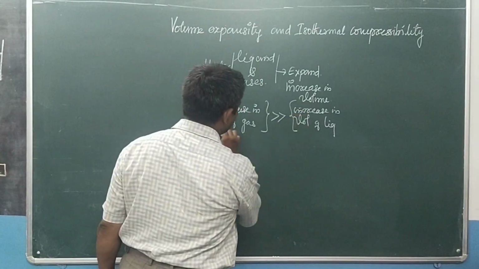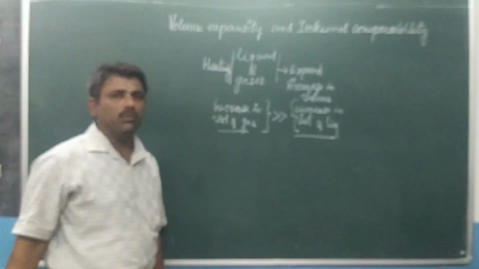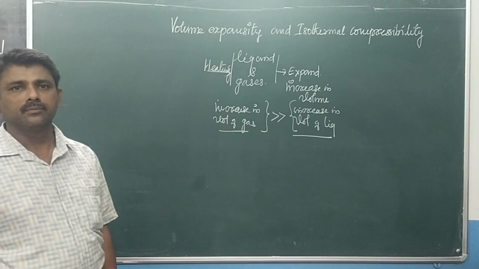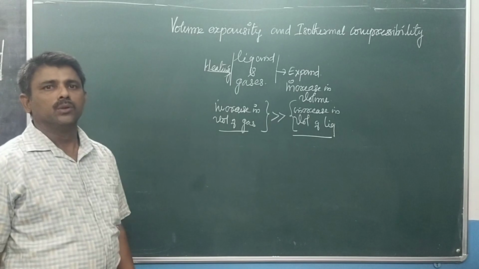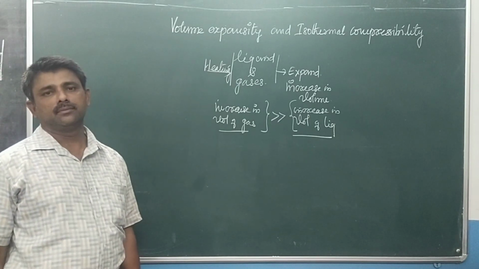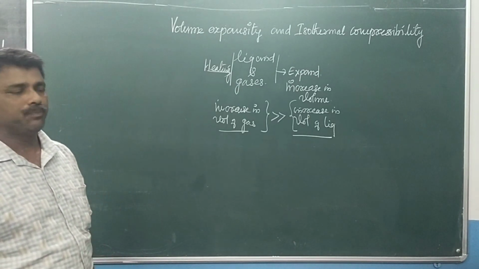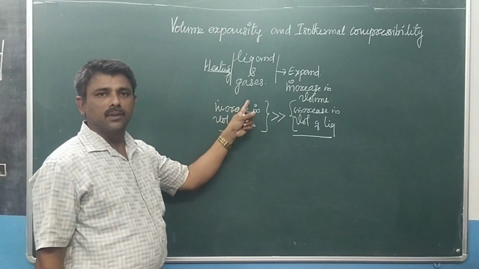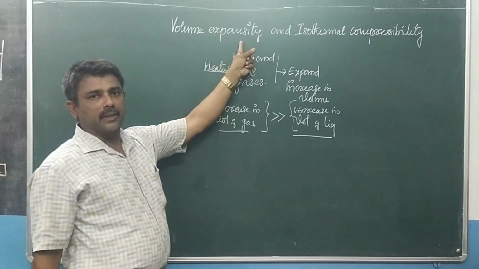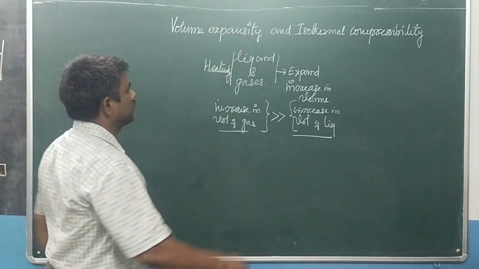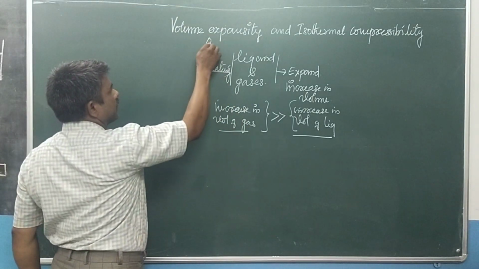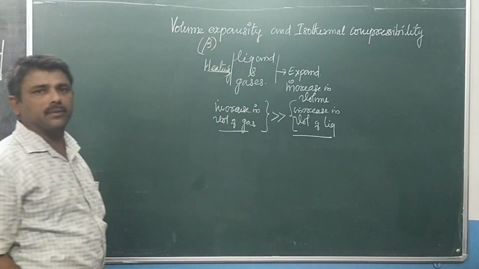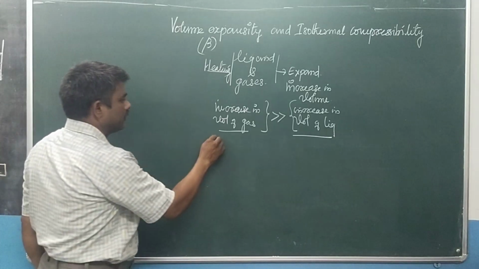Now I am going to check the increase in volume through a measurable thermodynamic property, that means volume expansivity. The notation for volume expansivity is beta.